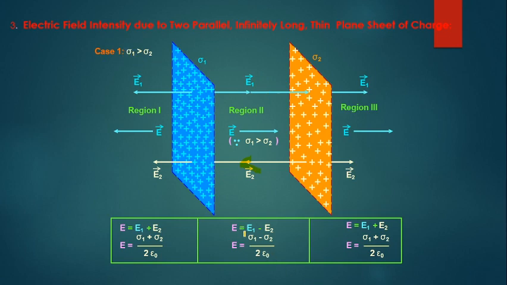So the net field equals E1 minus E2, which equals sigma 1 minus sigma 2 divided by 2 epsilon naught. Similarly, in the third region, E1 and E2 are both in the same direction, so they get added. So E is equal to sigma 1 plus sigma 2 divided by 2 epsilon naught.